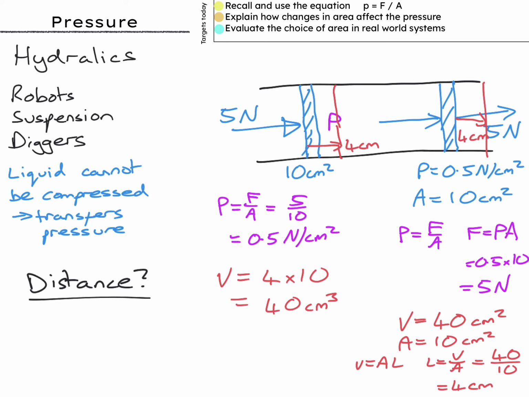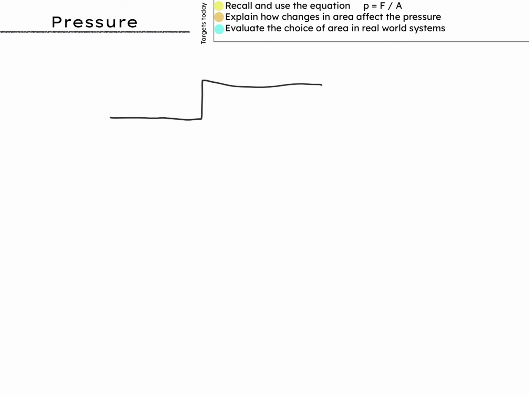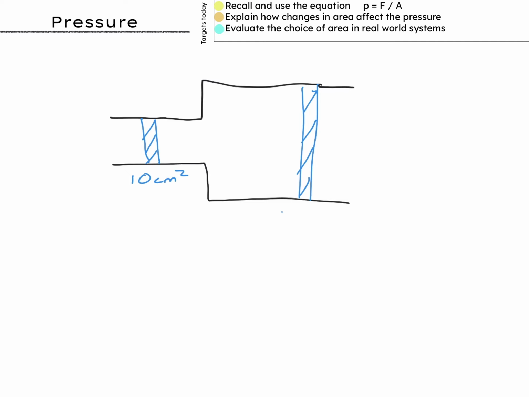That's the simple example. In hydraulics, they often change the cross-sectional area of the tube, which turns this simple machine into a force multiplier. Let's look at an example. Here I have a tube, but the area is 10 centimeters squared on the left and 20 centimeters squared on the right. We'll push with a force of 5 newtons again and see what happens. First, the pressure on the left is P equals F over A equals 5 over 10 equals 0.5 newtons per centimeter squared.